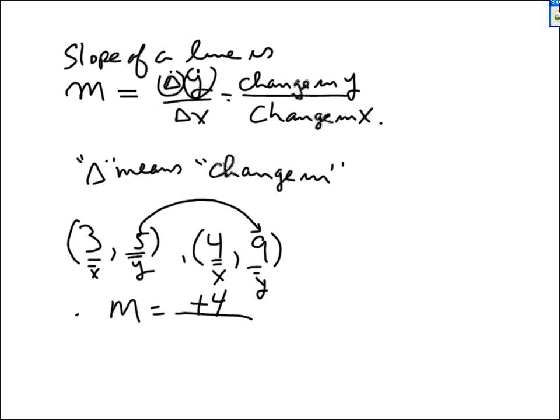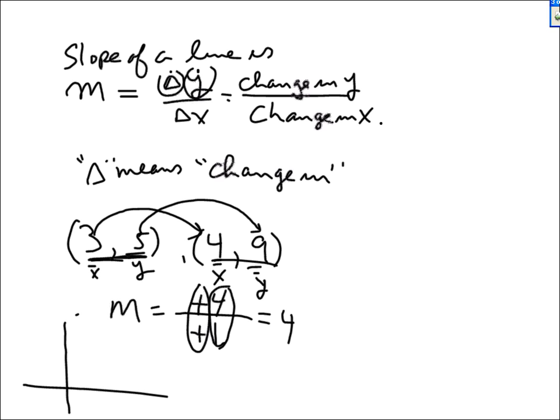And the change in x: if you go from 3 to 4, you went up 1. Positive over positive is positive, which you don't have to write down. And 4 over 1 is 4. The slope is positive 4. If you were to graph these 2 points, the slope would be 4.